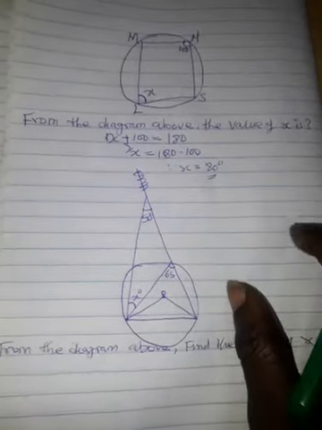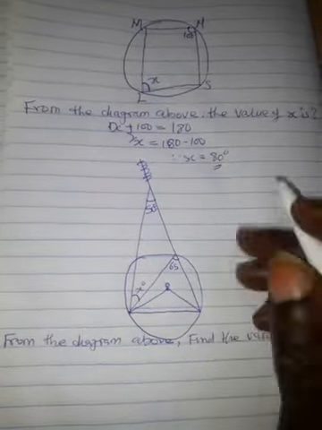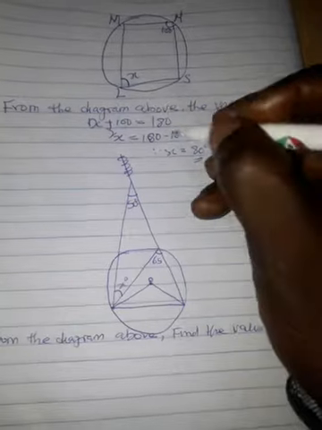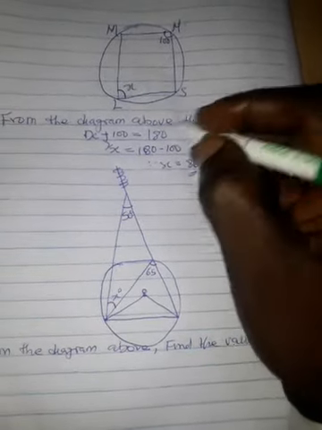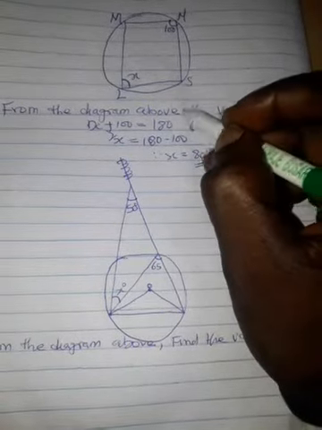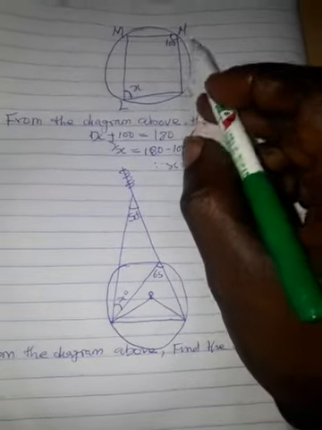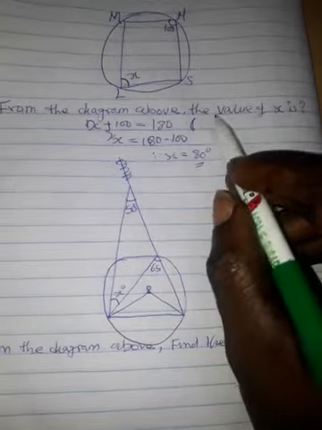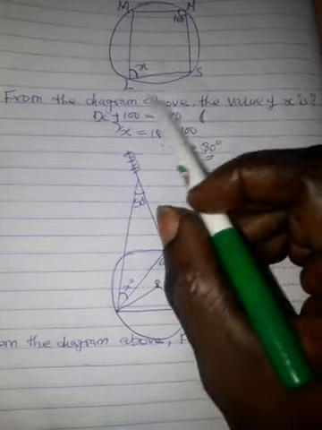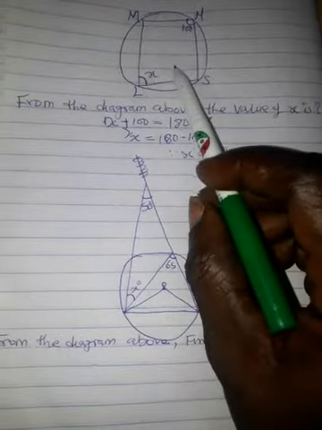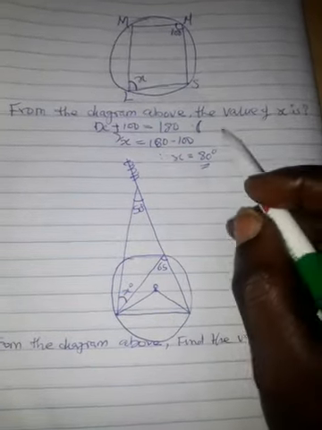If you are writing in WAEC and it's a theory question, any theorem you use, you have to write it out like this. I said the sum of opposite angles of a cyclic quadrilateral is 180. You have to write it at the front. If I use another theorem, that the sum of all the angles in a cyclic quadrilateral is 360, I have to write it at the front.